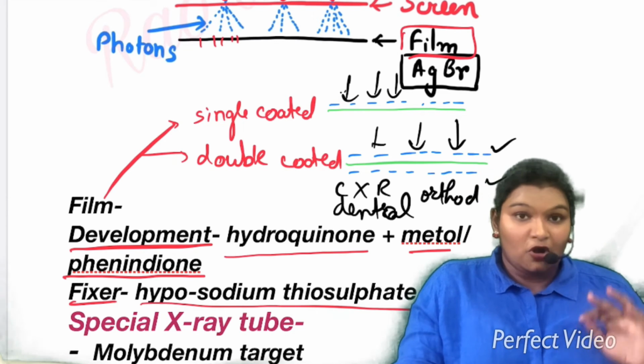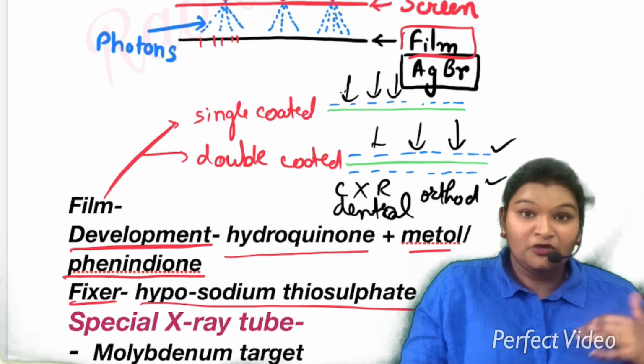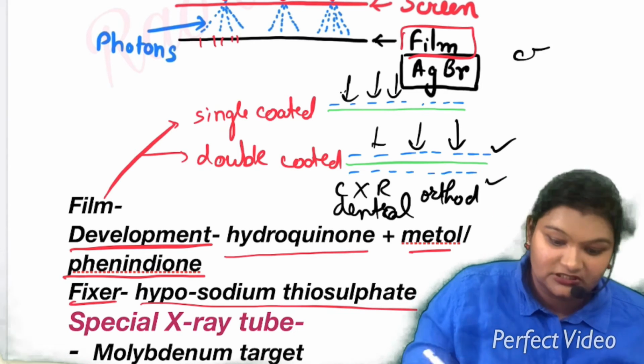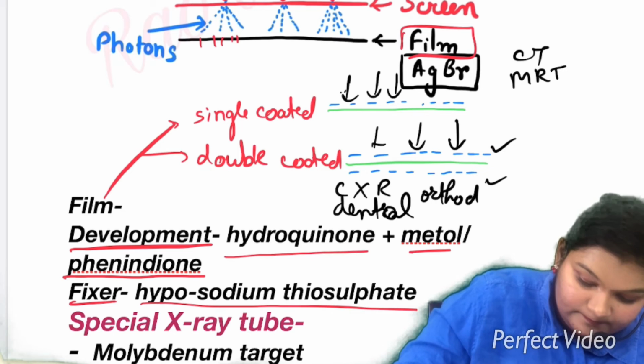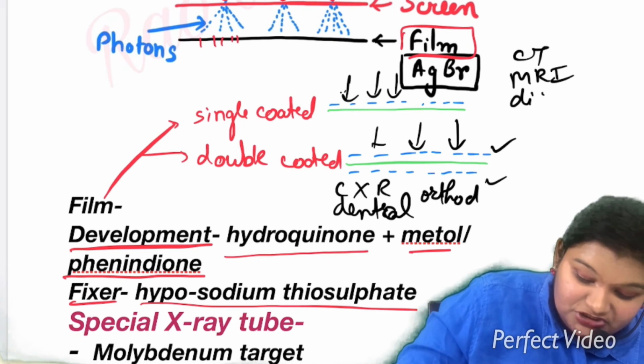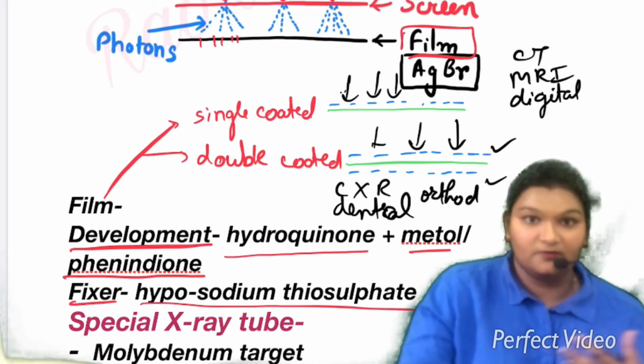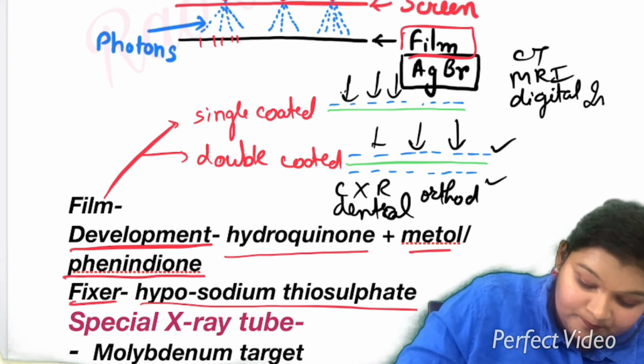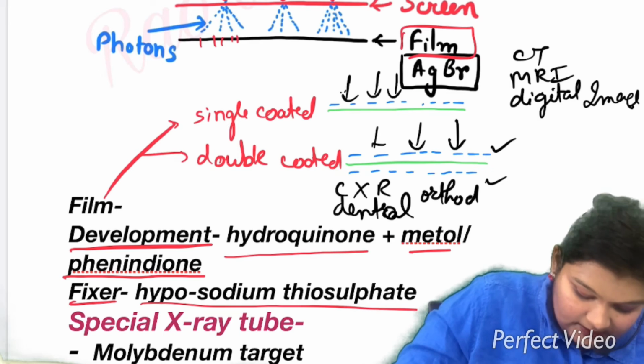So in normal practice we do not use it. We use it in high-end imaging like CT scan, MRI or digital imaging. In these cases we use this single coated film, right?